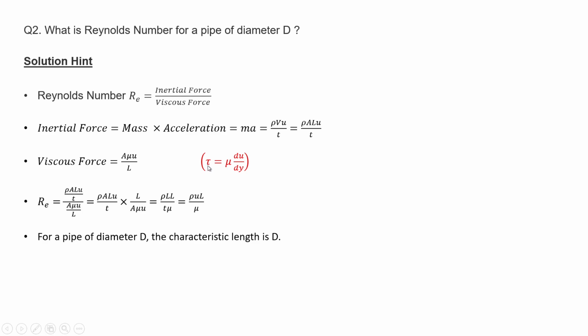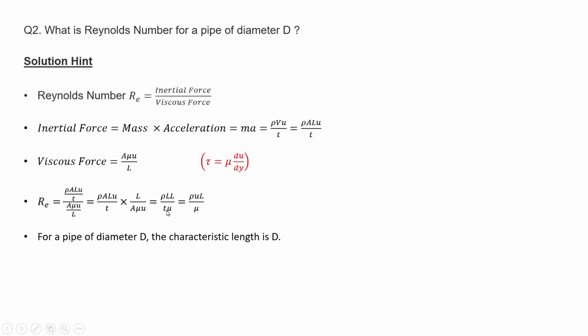Now if tau is shear stress, then stress is force by area, so writing the dimensional form of this equation, we can write viscous force is equal to area into mu into du, which is basically u by L. Now putting the dimensional forms of inertial force and viscous force into the equation of Reynolds number, we get Reynolds number equal to rho L L by T mu.